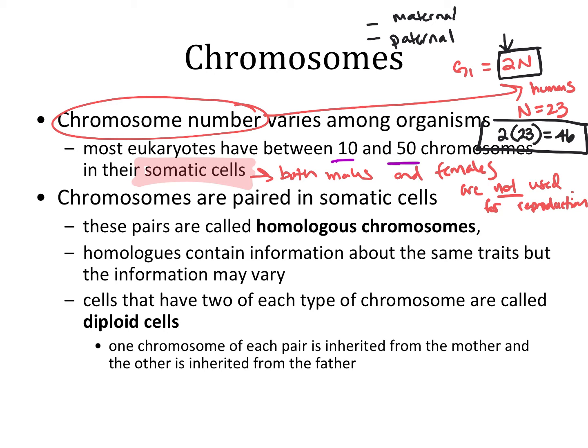And you are always 2N because you have a complete copy of DNA from your mother and a complete copy of DNA from your father. That's where we get 46 from. But there's actually only 23 distinct types of chromosomes. We just find them paired. One maternal with one paternal, okay? The paired chromosomes in your somatic cells are referred to as homologous chromosomes.